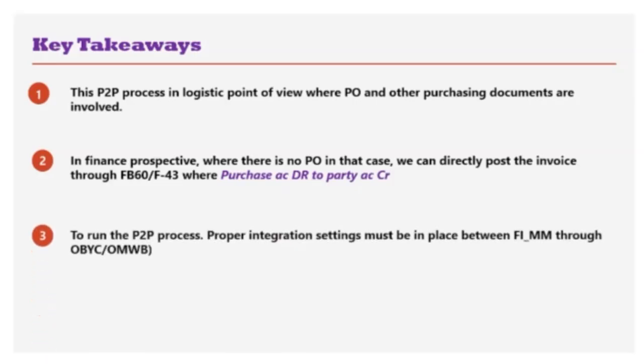And to run the P2P process, proper integration settings must be in place between FI and MM modules through transaction code OBYC. How to do the integrations and the mapping between these two modules, we'll discuss in great detail in the coming videos.